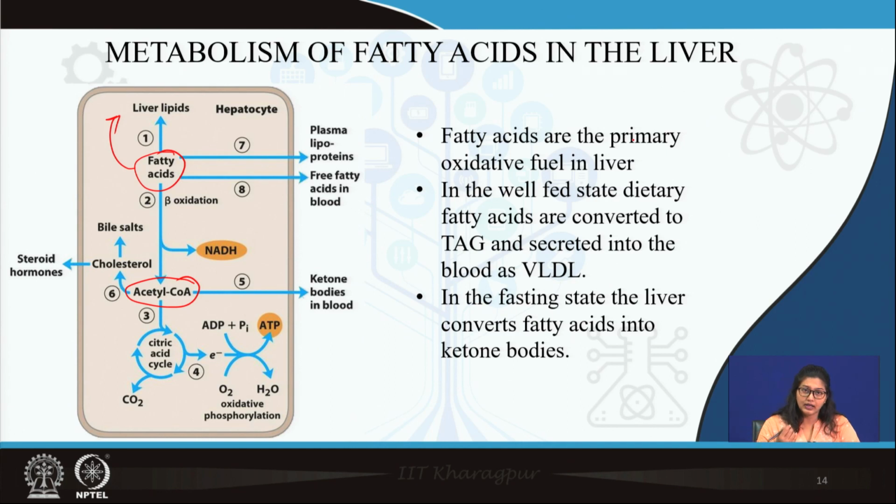Then liver can release free fatty acid in circulation, which goes to different tissues, as well as for storage via lipoprotein to adipose tissue, forming VLDL triacylglycerol. Importantly, in fasting condition, liver can synthesize ketone bodies as well.